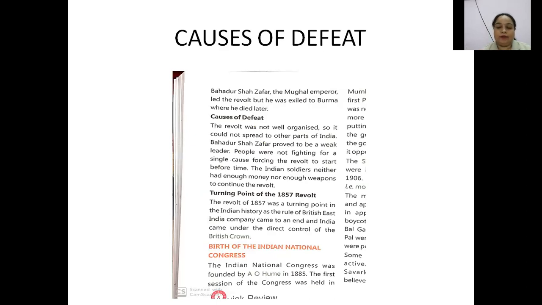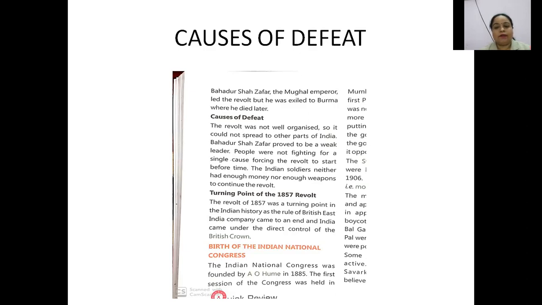So Bahadur Shah Zafar, the Mughal emperor, was caught by the Britishers and sent to Burma in exile. Exile means he was sent out of India and put into jail, where he died later. So there was no person to lead the revolt. Okay, so this is what the revolt was all about.